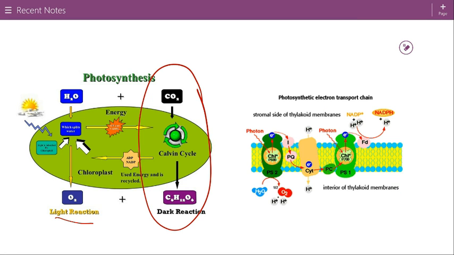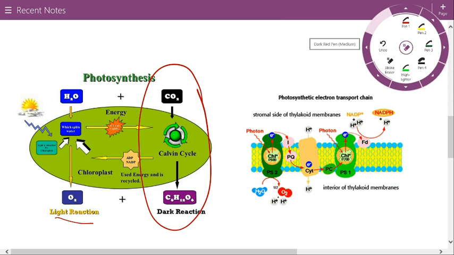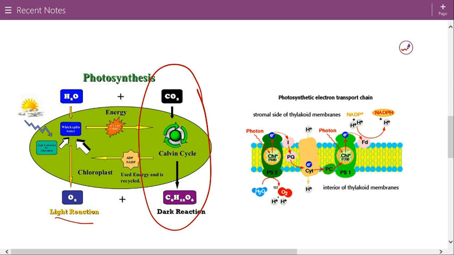The point of these different layers is basically to keep concentrations separate, because normally when you have different concentrations of things, like the number of oxygen atoms or the number of electrons, they want to go to a place of equilibrium.